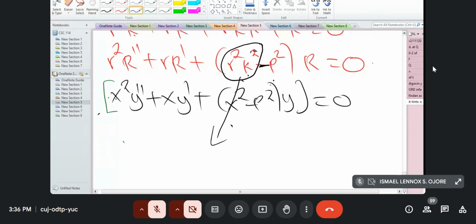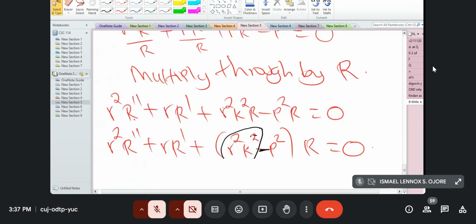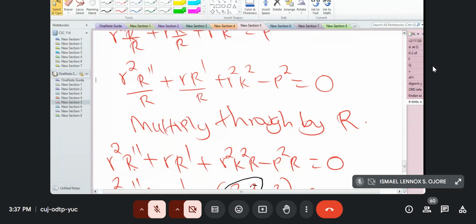So we use the transformation let x be rk, so that if you square x, it's the same thing as having r squared k squared. So once you set your x equals to rk, you want to transform your differential equation from one having derivatives with respect to small r to one having derivatives with respect to x.